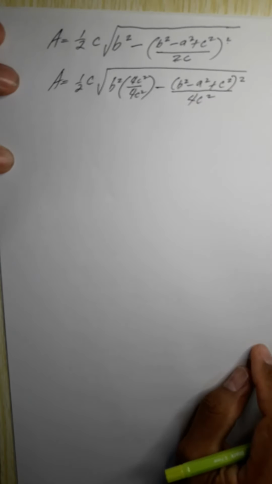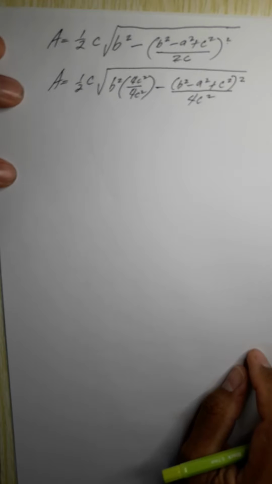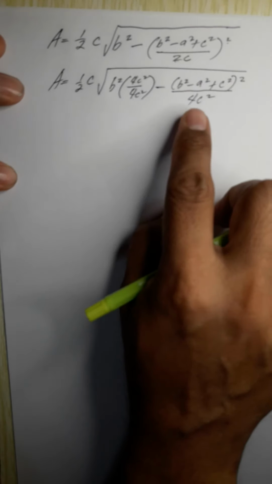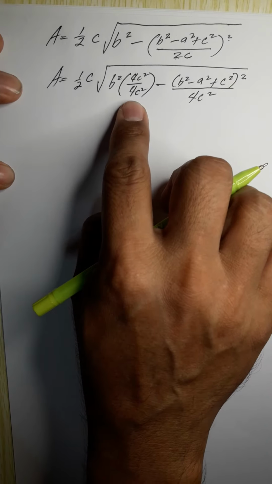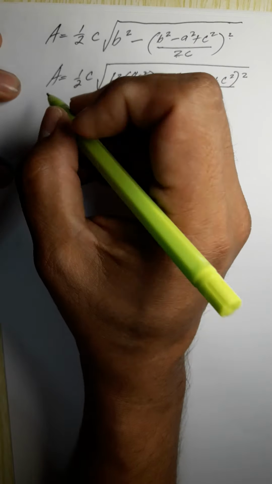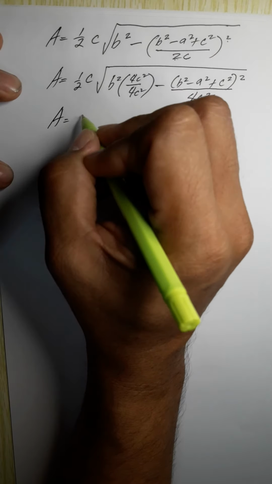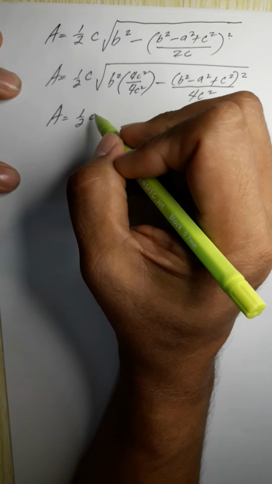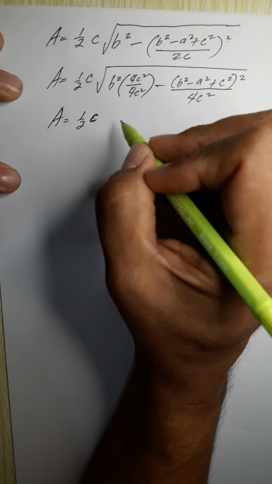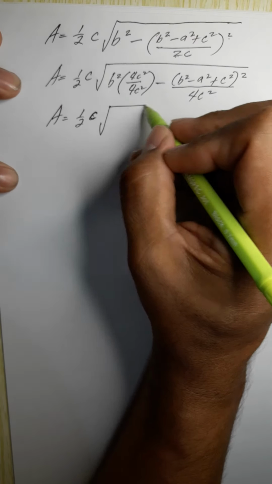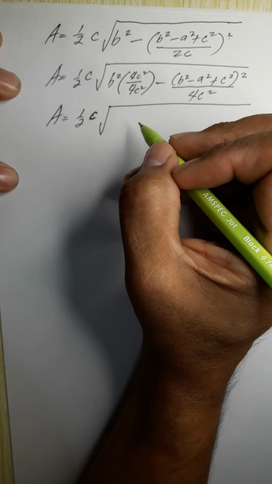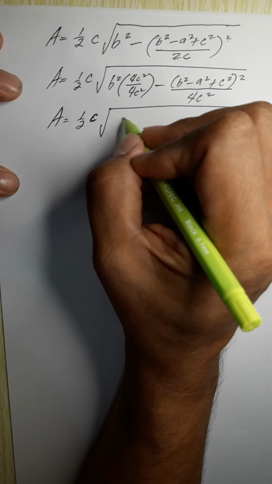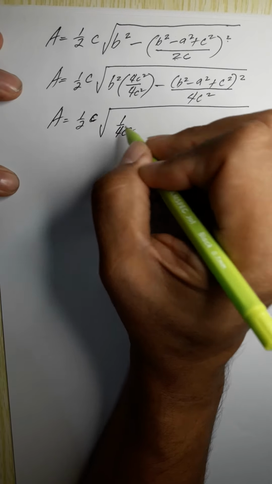Then we factor out the common denominator inside the radical sign. So the area is equal to the square root of 1 over 4c squared.